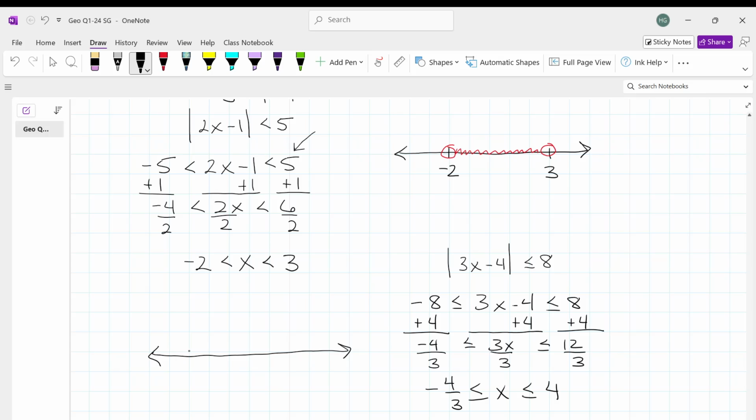On the graph, we've got the -4/3 and the +4. Since it's less than or equal to, it's including those points, so it's a solid dot. And we're going to shade in the middle.